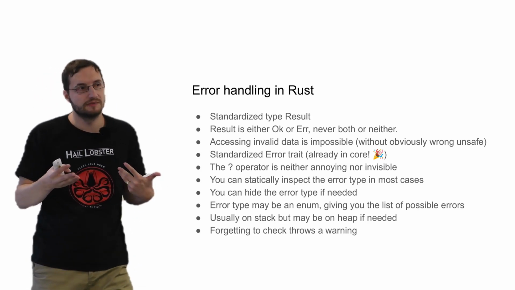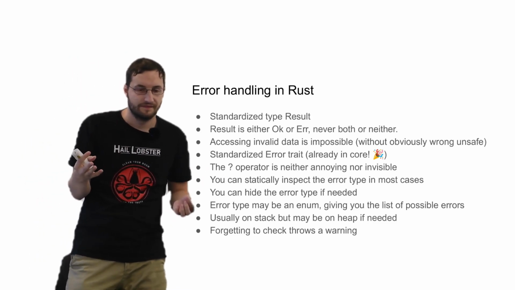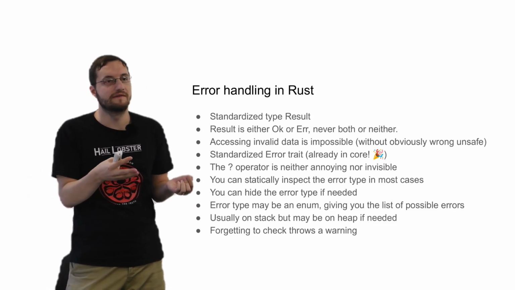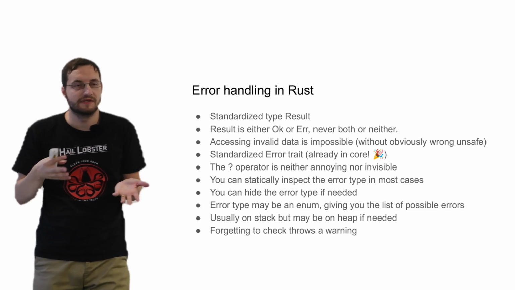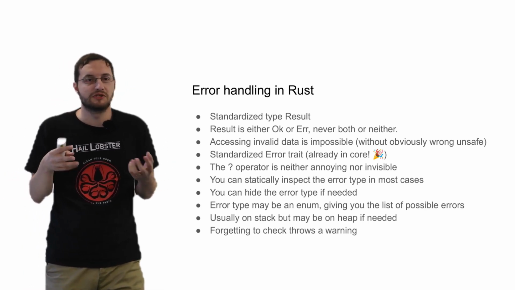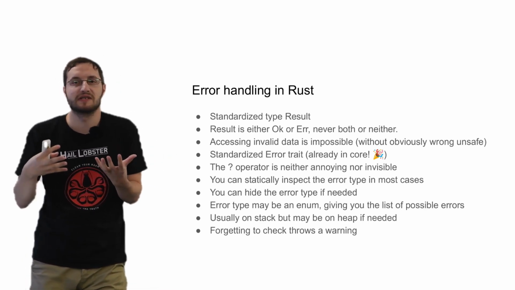Then it's impossible to accidentally access invalid data. So let's say you opened a file, it's impossible to accidentally try to read from the file if the opening failed. Not only is it some magic compiler error, there simply isn't even syntax to express what that would mean.